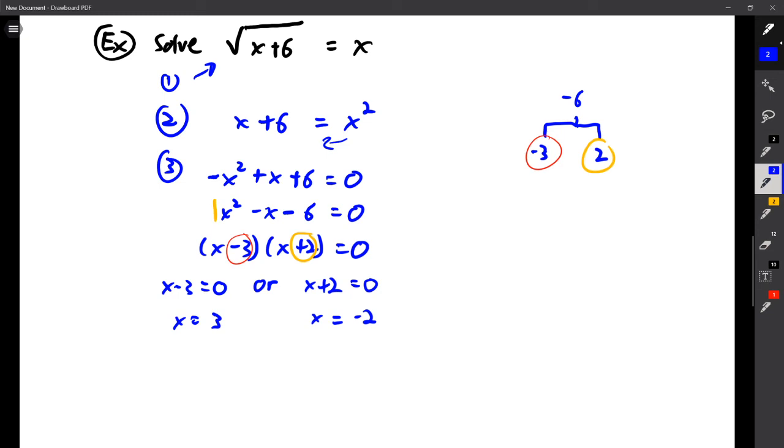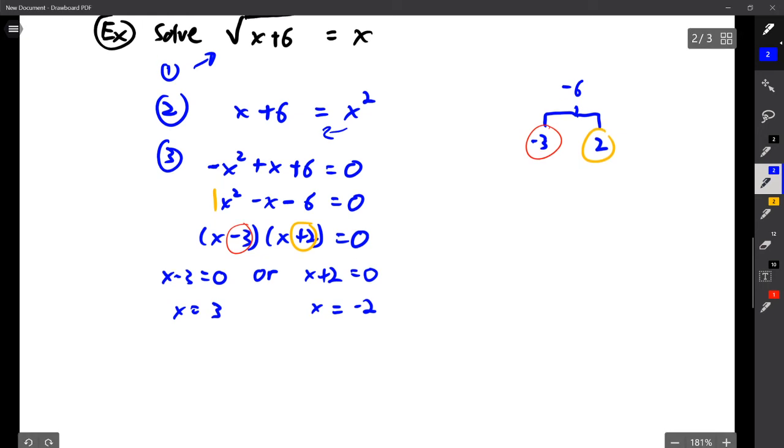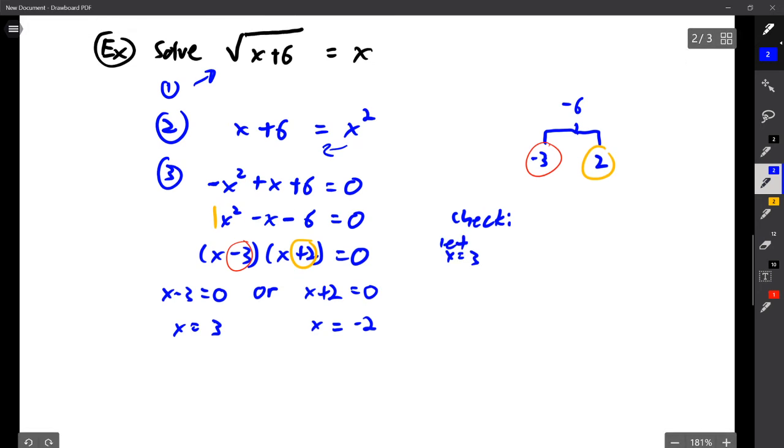This is one where we have to check for extraneous solutions because we were solving a quadratic equation. And so let's check our solutions and let's see what happens. So first let's check x equals 3. So when x equals 3, so I'm going to say let x equals 3. I need to go back to my original equation.